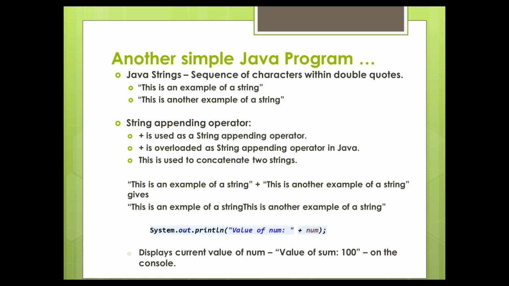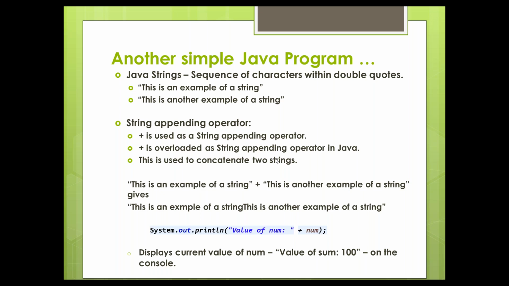Mohammed, what do you mean by default? So you mean to say by default strings are within double quotes? Let me unmute you. I have unmuted you, Mohammed. You can ask your question. What do you mean by default? With respect to strings?